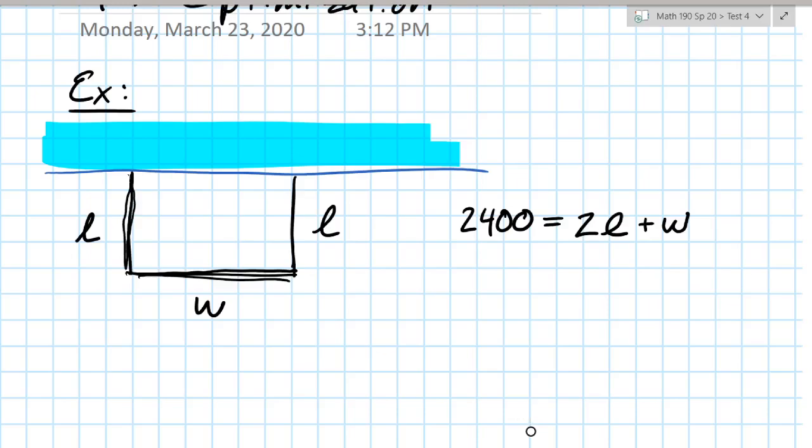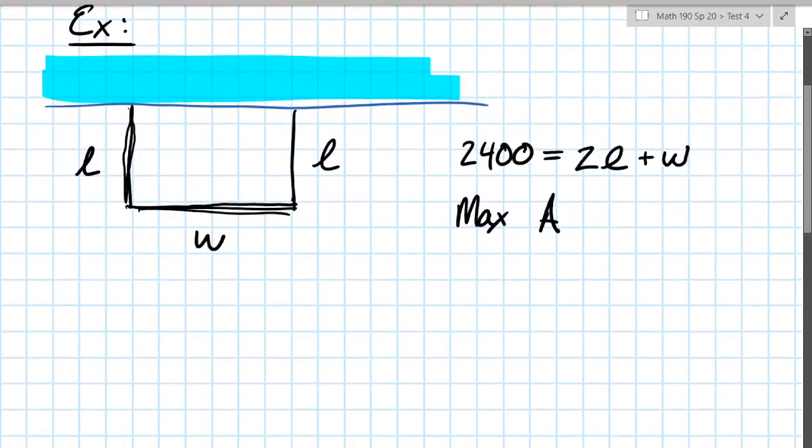Continuing on, he needs no fencing along the river. What are the dimensions of the field that has the largest area? So we want to try to maximize area. In terms of the problem that we just drew, our area equation is length times width.